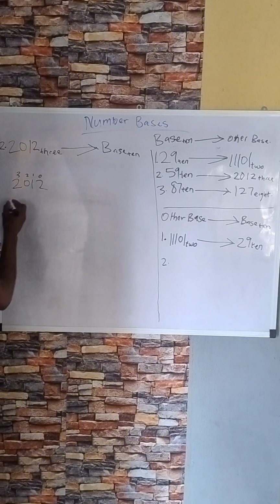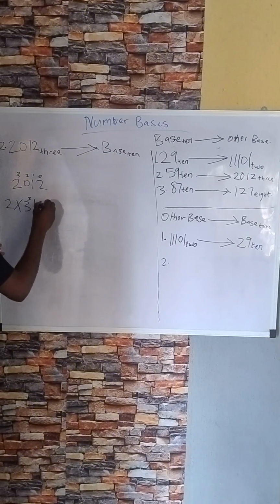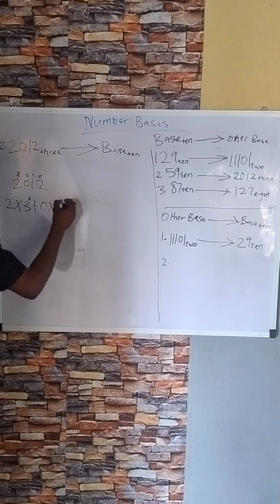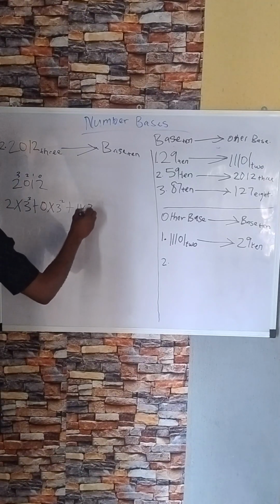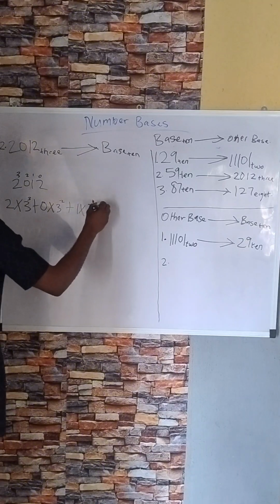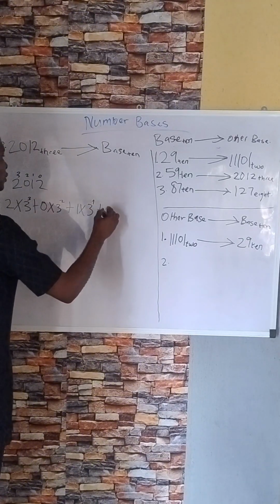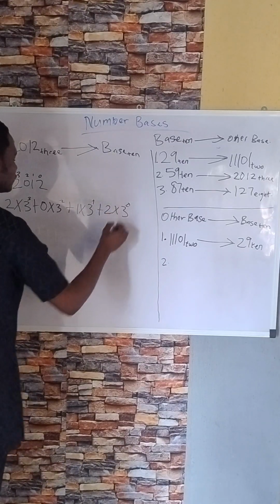So this is base 3, right? It will be 2 multiplied by 3 to the power of 3, plus 0 multiplied by 3 to the power of 2, plus 1 multiplied by 3 to the power of 1, plus 2 multiplied by 3 to the power of 0.